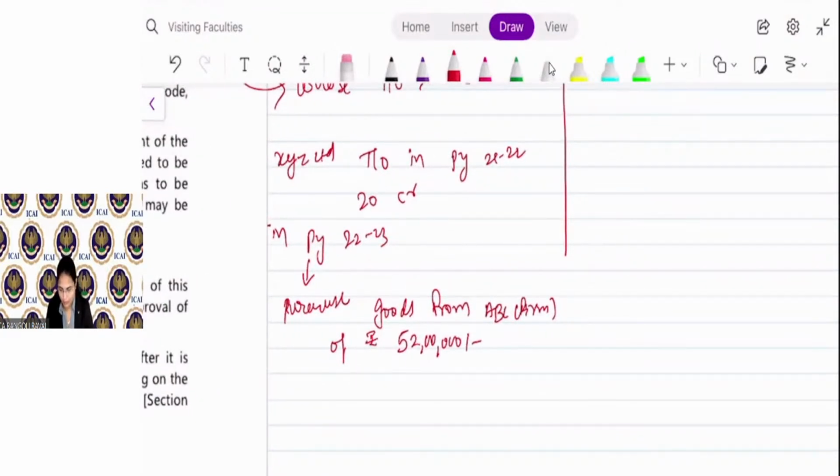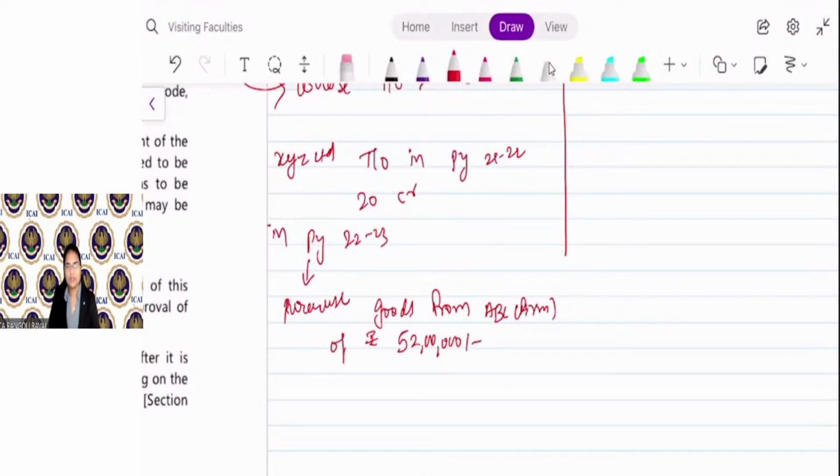So what you have to check, buyer is XYZ Limited. In last year, that is in previous year 21-22, the turnover of XYZ Limited is more than 10 crore. Yes, it is 20 crore. Now in previous year 22-23, that is in current year, has XYZ Limited purchased goods more than 50 lakh? Yes, the purchase value is 52 lakh. Then section 194Q is applicable.